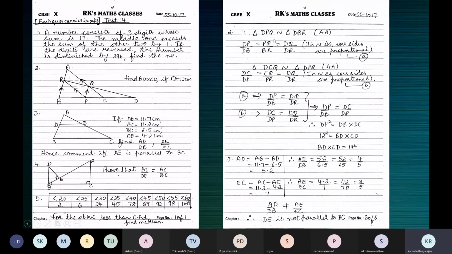They are similar by AA similarity criterion. And in similar triangles, corresponding sides are proportional. Then the other triangle is DRP. Inside that we have DCQ. We have to prove that they are similar. And once they're similar, their corresponding sides are proportional.